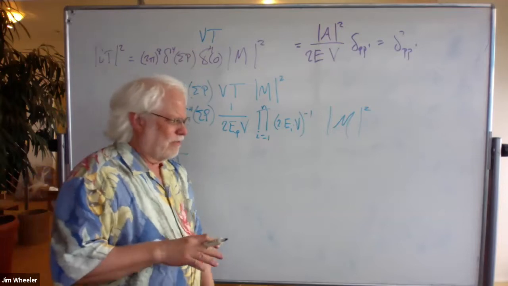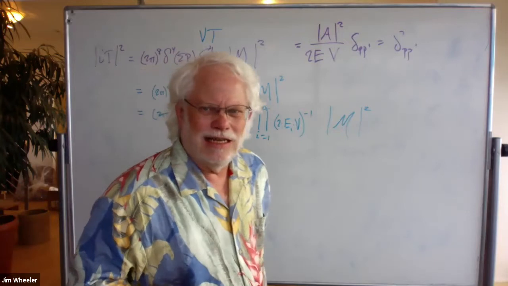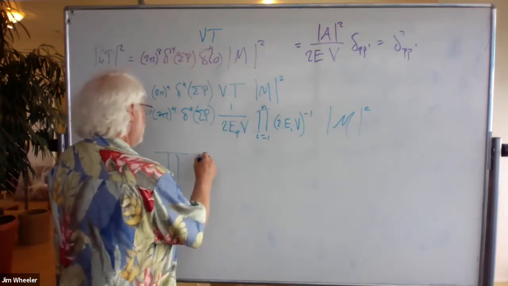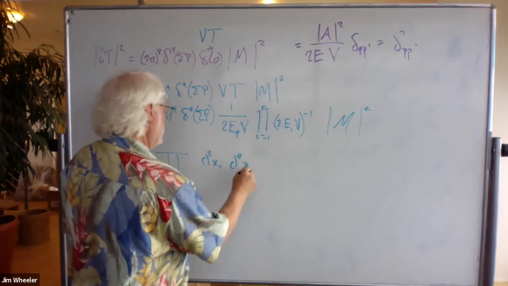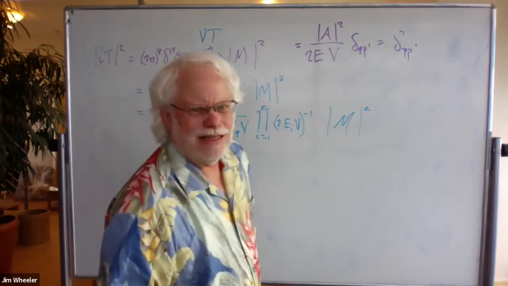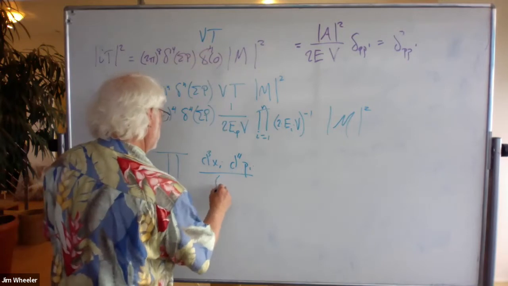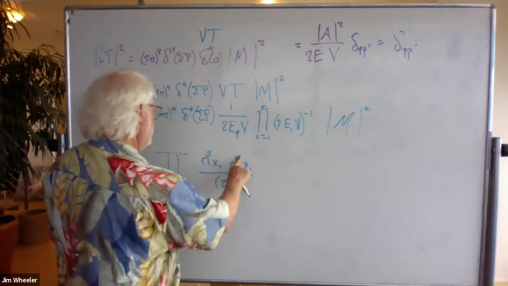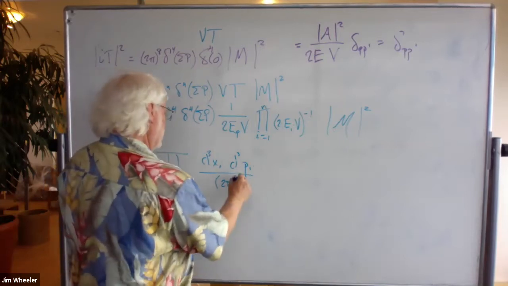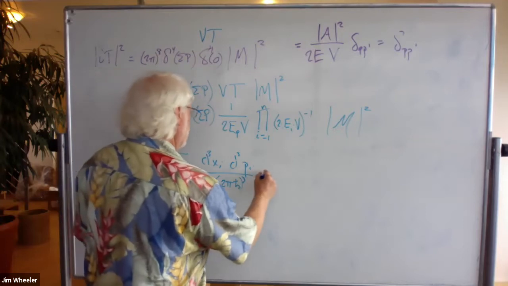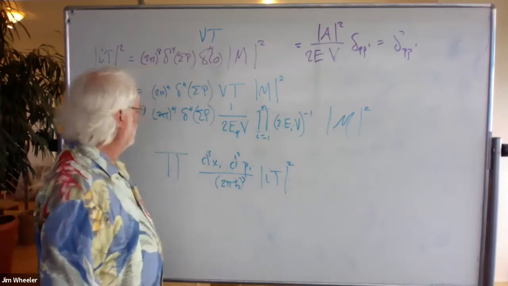So if we're summing up the total decay rate, we sum over all of the final configuration space, that is all positions and all momenta, normalized by the volume element, where h bar is 1, 2 pi cubed, times the matrix element squared.